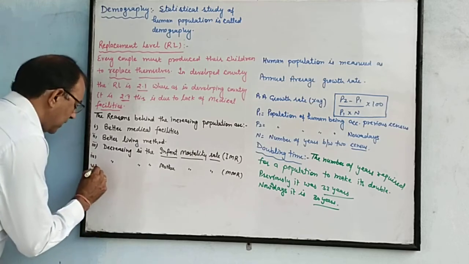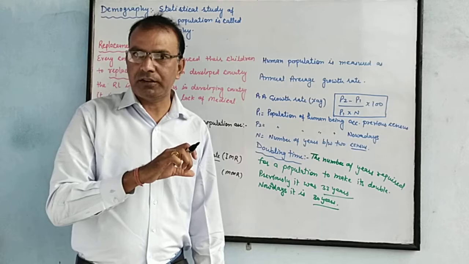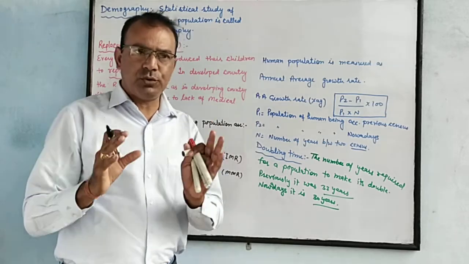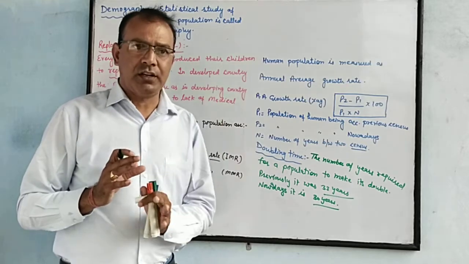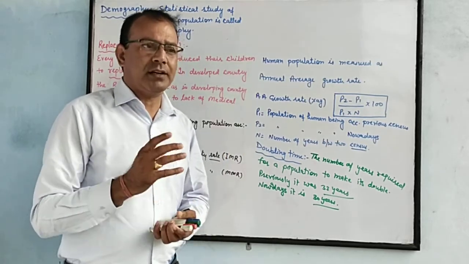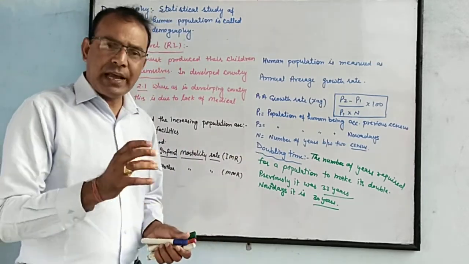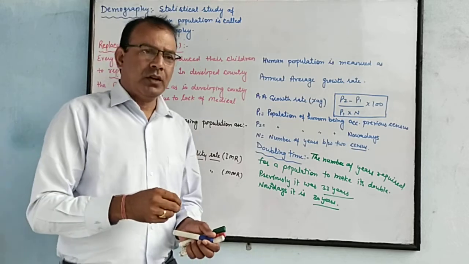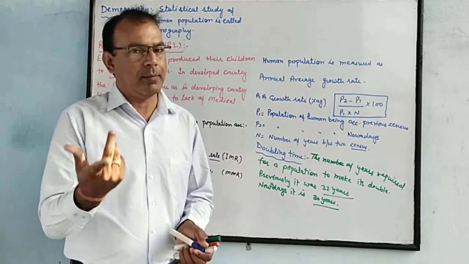And the last one is decreasing the birth rate. Why? People are educated, and nowadays they know how they can survive better and provide their children better education, better clothes and better food if they have a small family. So they implement the slogan हम दो हमारे दो.